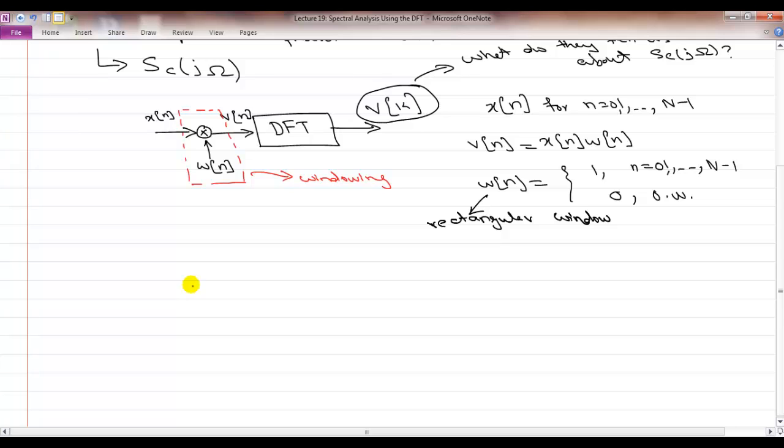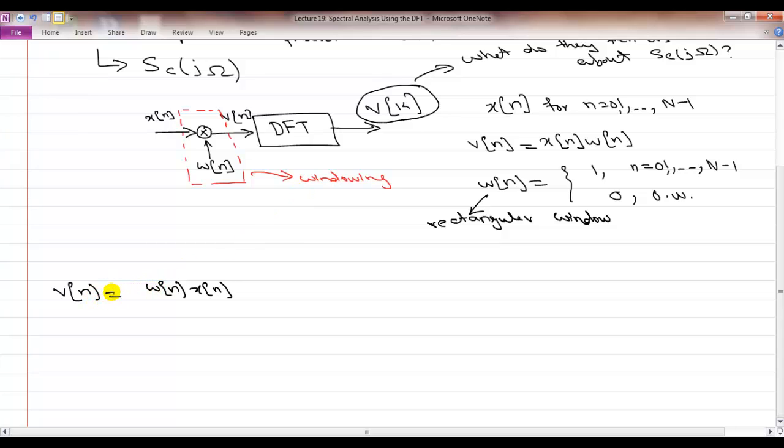Okay, so let's look at what this windowing operation itself does. What does the windowing operation look like? We have V of n equal to W of n times X of n. And we are computing the DFT coefficients of V of n.